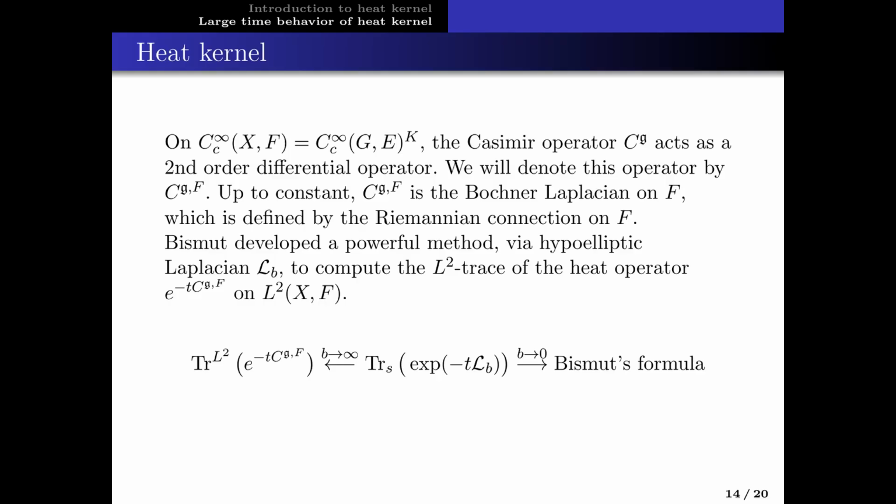For example, if we put F to be the spinor bundle, as Hassell discussed this morning, or twisted spinor bundles, then this trace is independent of t. That makes the computation much more rigid. Now, the powerful machinery Bismut developed is that he is still able to compute the short time limit for b equal to 0, and that comes to his formula, which I'll explain now.